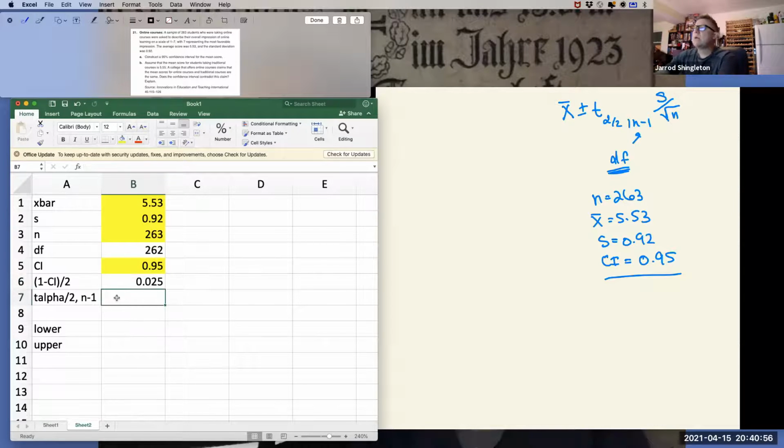0.025. Now I can find whatever that value is for my t alpha over 2, comma n minus 1. Now remember, Excel is not very smart. It's going to give you a negative number for this. We are going to coerce it into a positive number. T dot inverse, our probability, and whatever our degrees of freedom are. What does this represent? Drawing a picture very quickly.